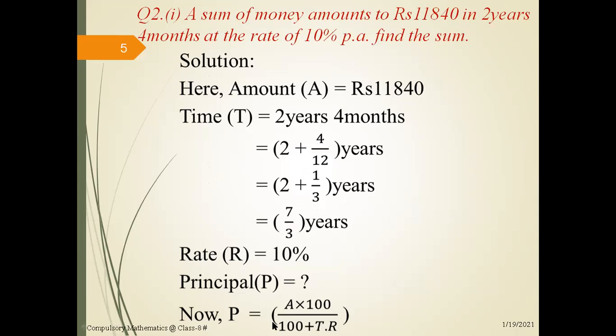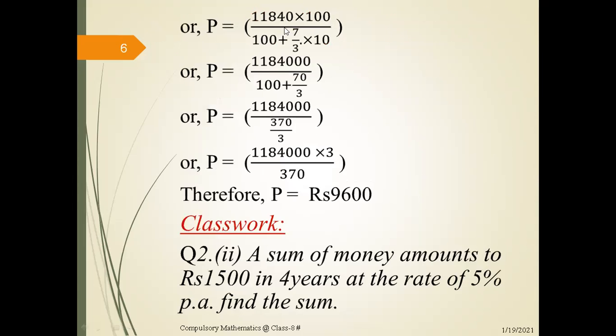The principal is to be found, so use the formula: principal equals amount into 100 by 100 plus time into rate, and put in the given values. 7 by 3 into 10 is 70 by 3. Then 3 multiplies with 100, so 300 plus 70, 370 by 3. Then 3 goes up and down, and 370 remains. If you calculate this, you will get 9600 as the principal.